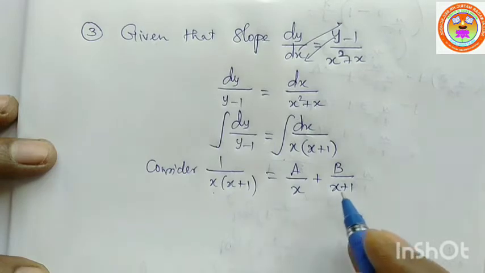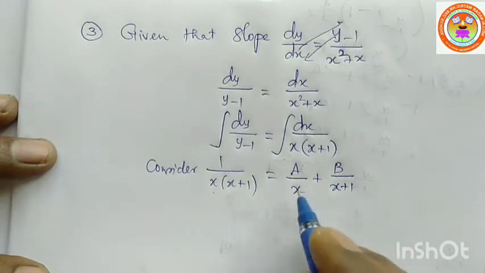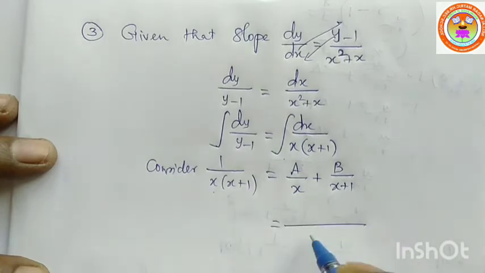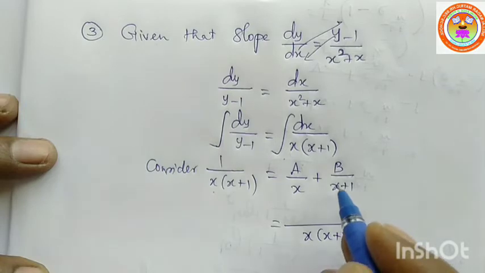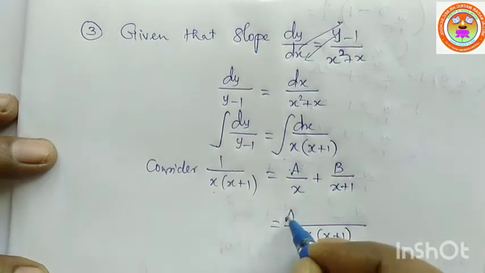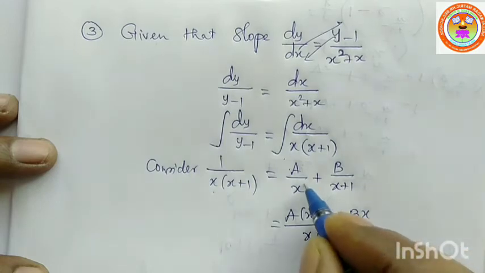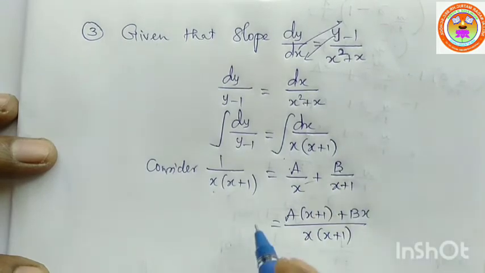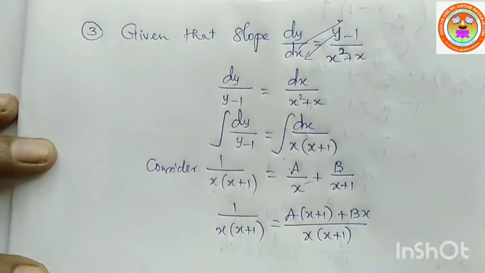Now take the LCM of the right hand side. See this side. If you are taking the LCM, what will we get? x into x plus 1. So cross multiply: a into x plus 1 plus b into x. The left hand side we have 1 by x into x plus 1.